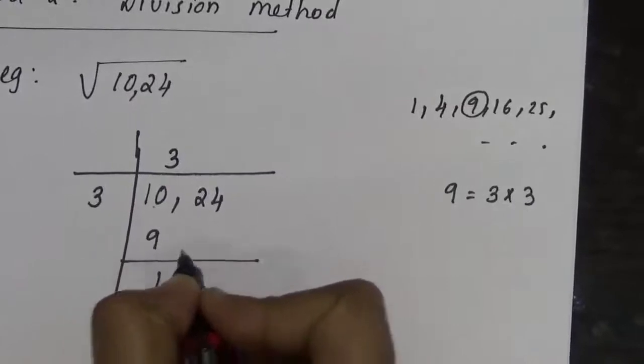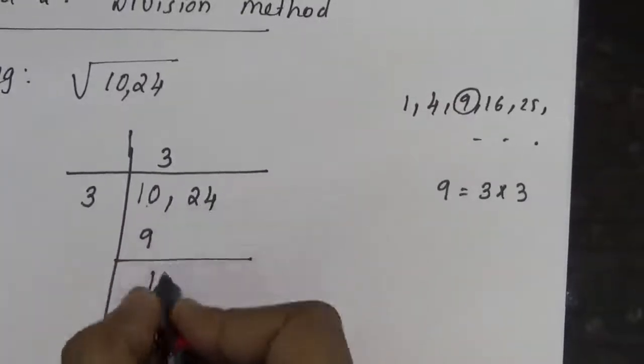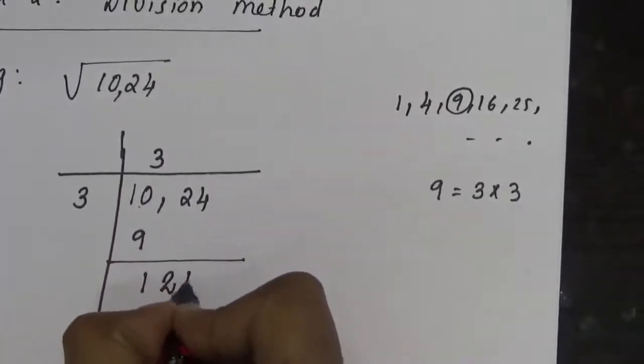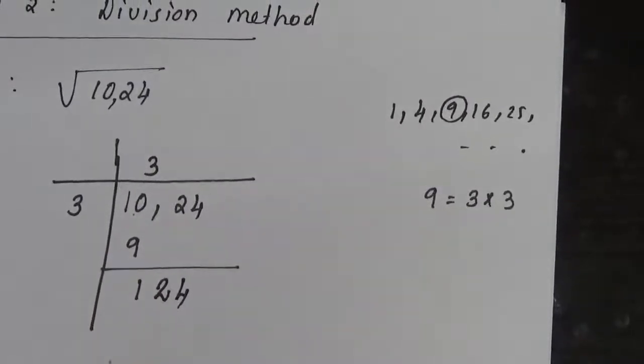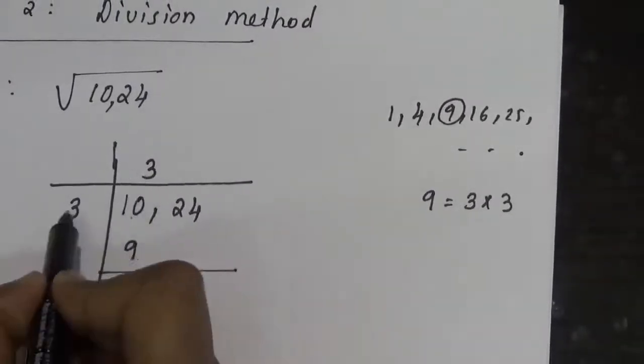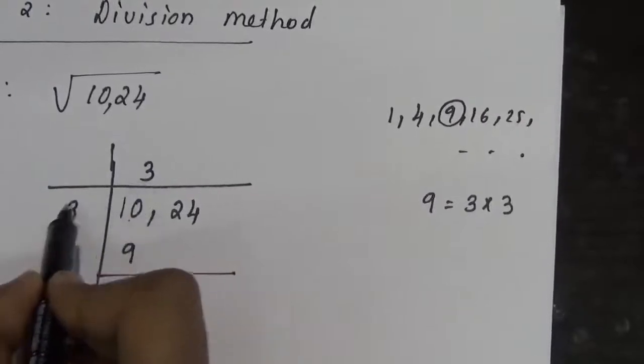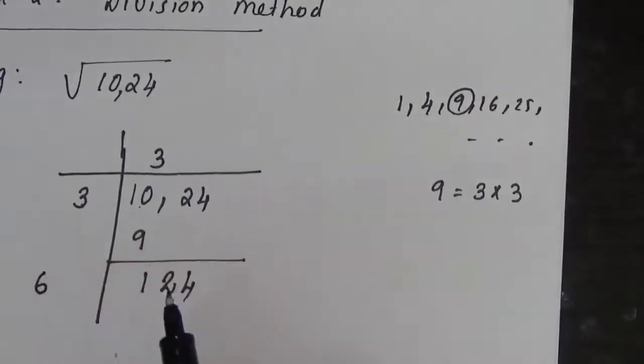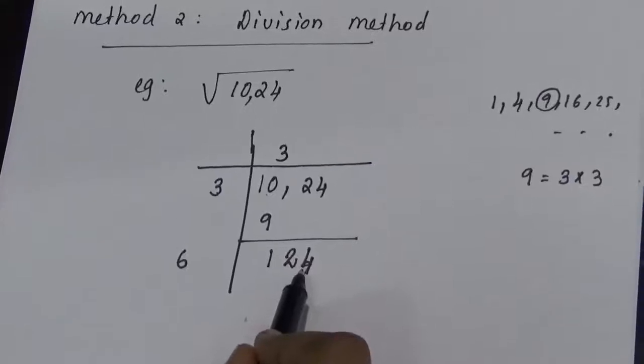Now you write the next period, that is 24, together. So we have 124. In the next step, you add these two numbers. What do you get then? 3 plus 3, 6. Now here the last digit is 4.